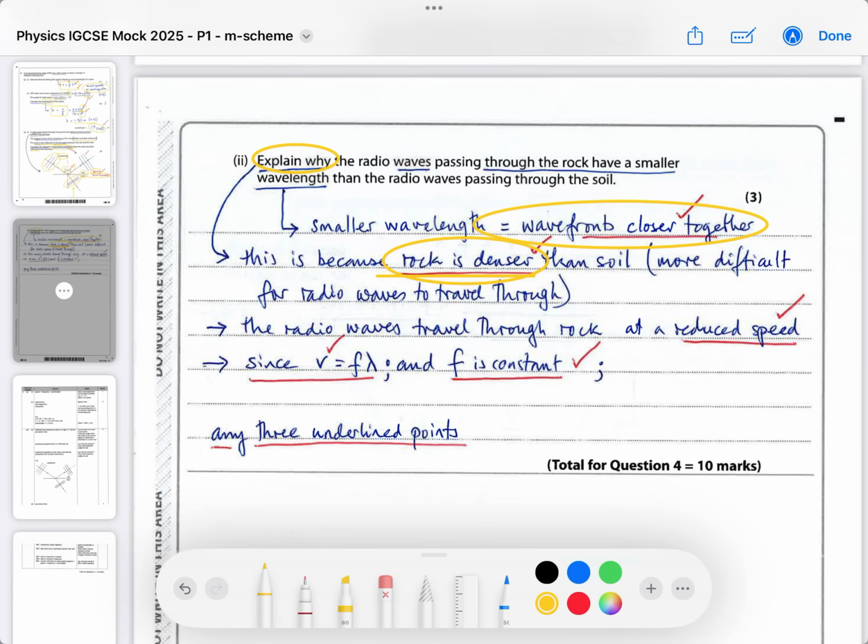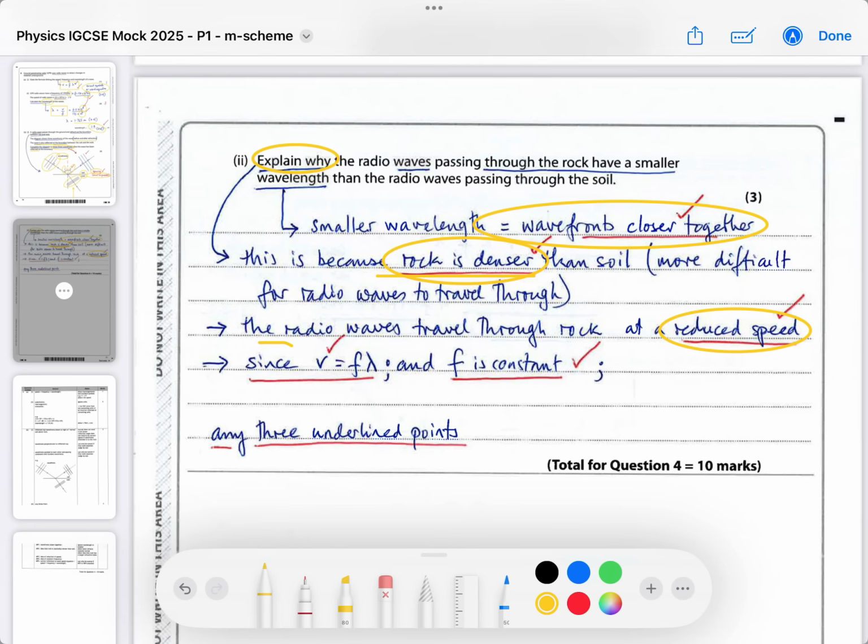The radio waves travel through rock at a reduced speed. Remember, refraction happens at the boundary from one medium to the other due to the difference in density. And in the denser medium, there will be a reduced speed.